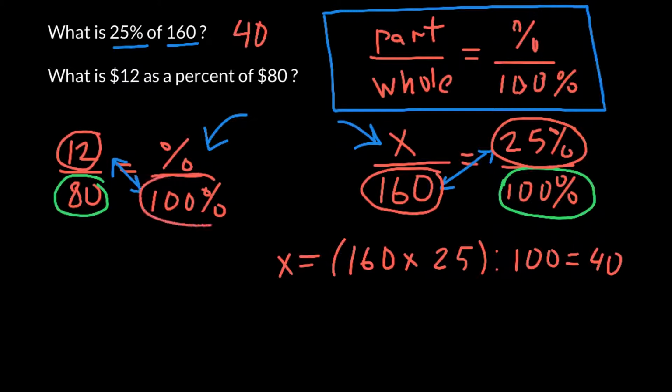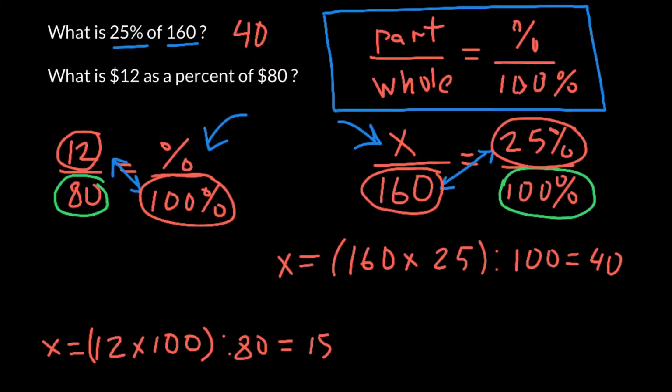So let's do it. 12 multiplied by 100 and divided by 80. So we are going to have 1200 divided by 80, which would give us 15. And because the question is about percent, we are going to have 15% as an answer. So this is the answer for the second question.